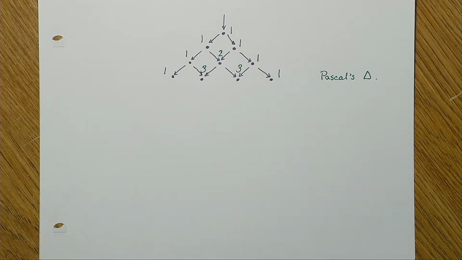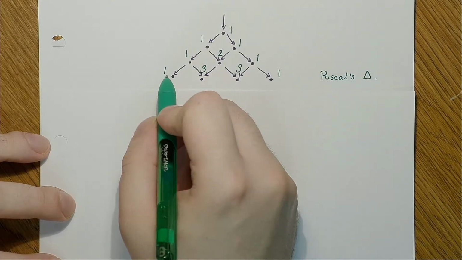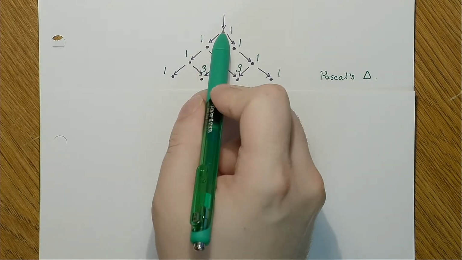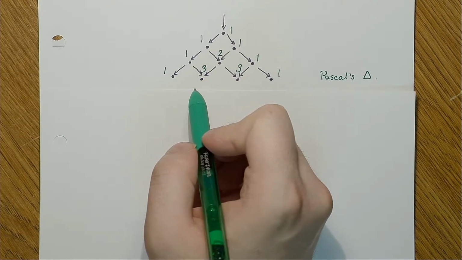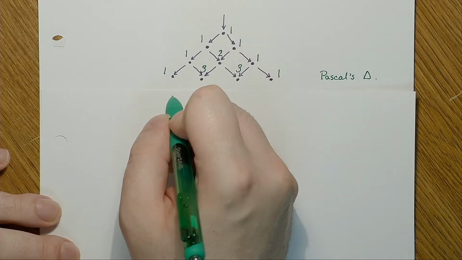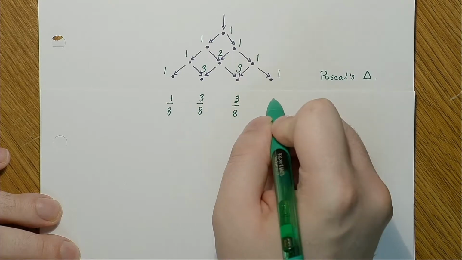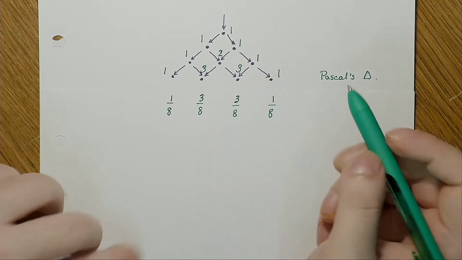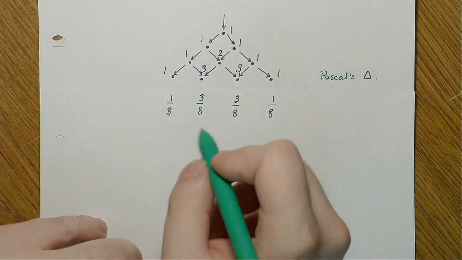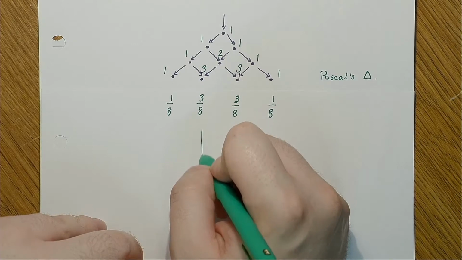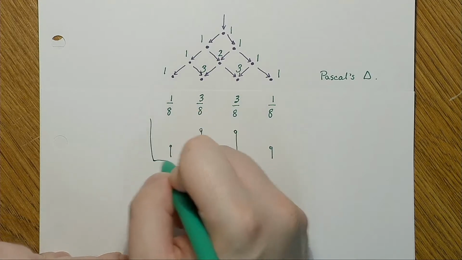So if you want to think about that, you normalize it, so that would give us 8. So over here you would have 1/8, you would have 3/8, 3/8, and 1/8. So if you wanted to predict the probability of a ball landing at these pegs, it looks something like that.